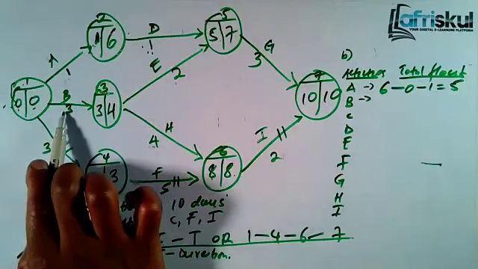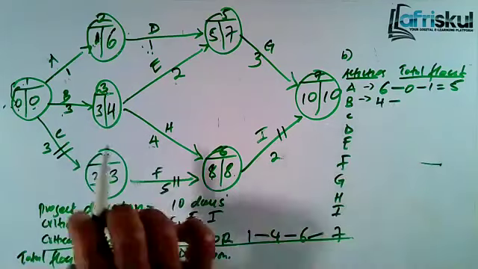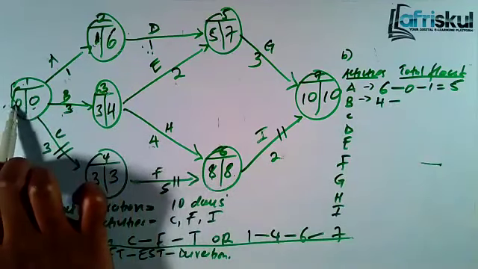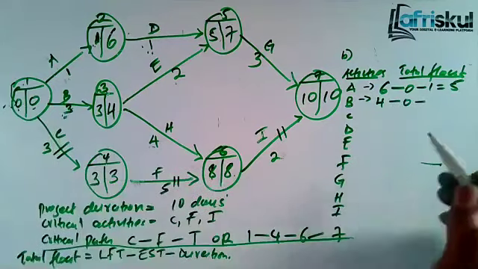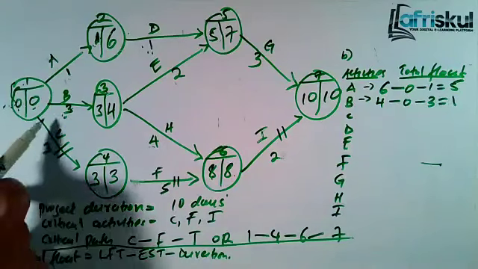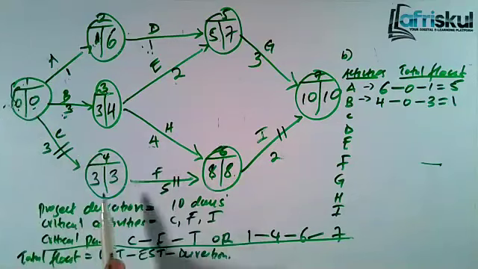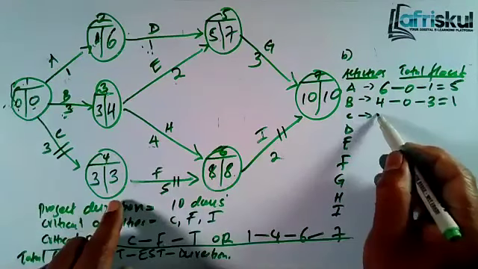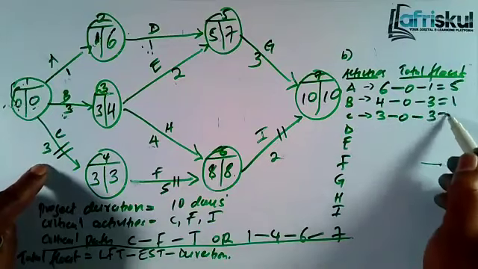If you go to B, we said the latest finish time, which is 4, minus earliest start time, which is 0, minus duration, which is 3. And you'll get 1. If you come to C, it will be 3 minus 0, and the duration was 3.